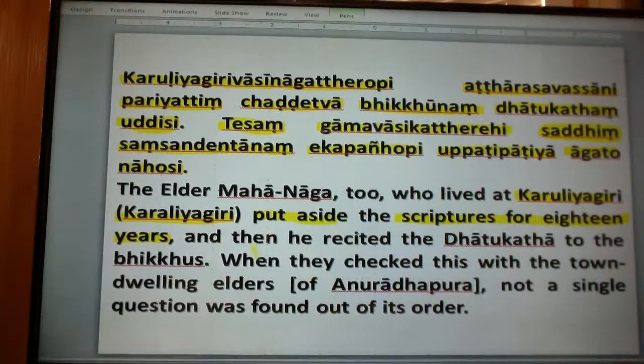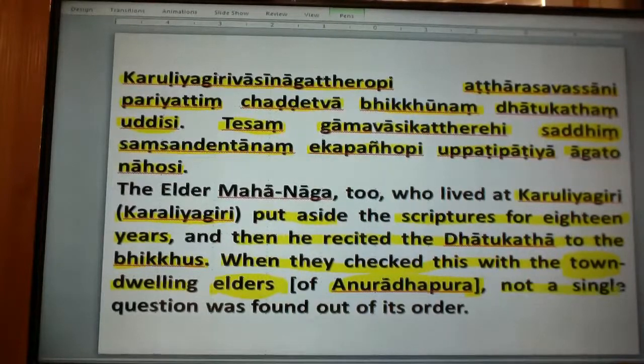But then he recited again the Dhatukatha to the monks who came to him. When they checked with the village dwelling elders, many senior monks, the name of the village is Anuradhapura.